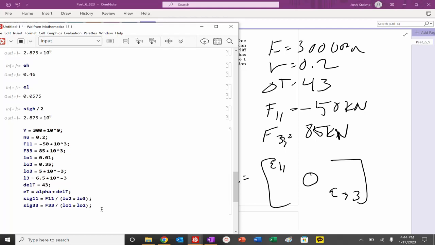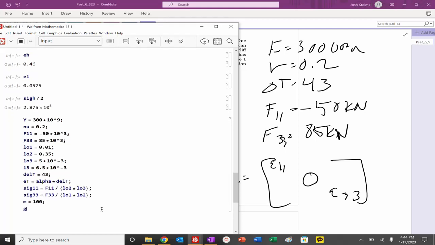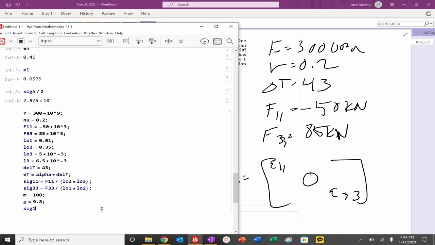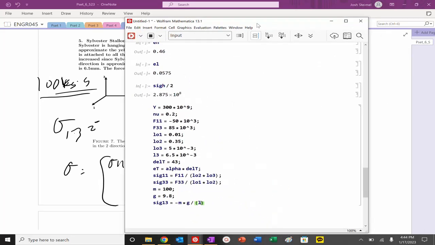I also know that my mass is equal to 100 kilograms, my G is equal to 9.8, and I know that my sig13 is equal to minus mass times G divided by the area, which will also be the L02 times L03, right here. Excellent.